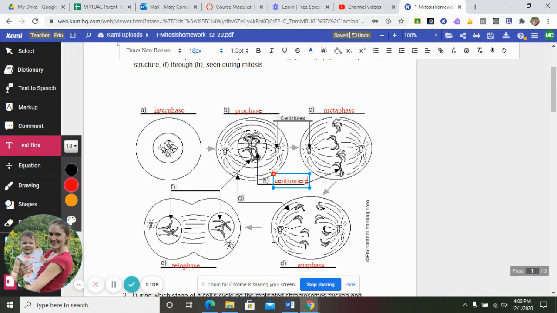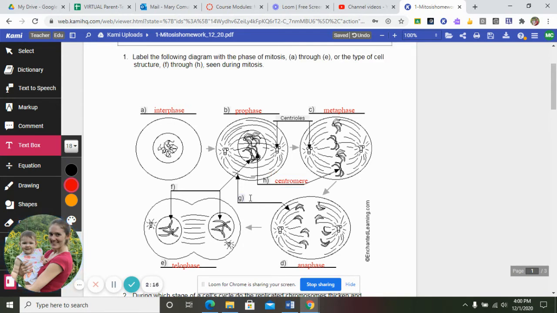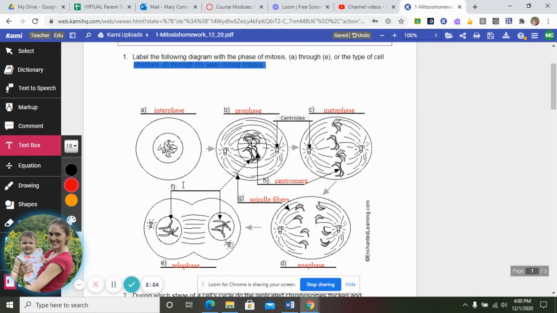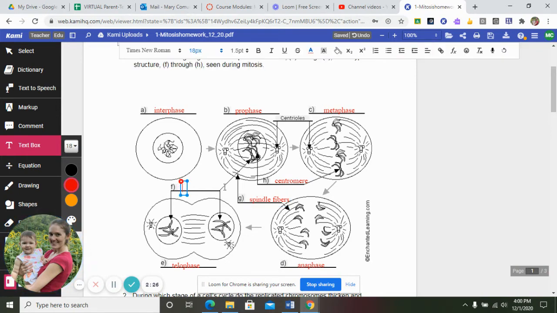That's a centromere. The next one down here, we are looking at the lines that are coming up and joining up with those chromosomes. Spindle fibers. And the last structure here, it's kind of difficult, but it's pointing to part of the chromosome, and after they're separated, they're called chromatids.